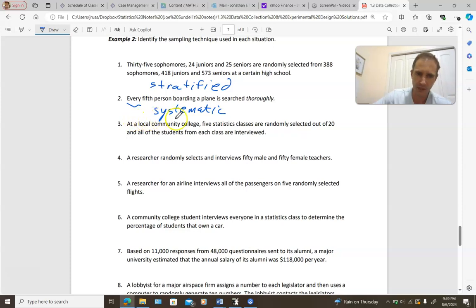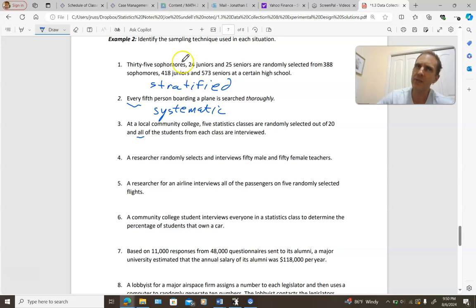Number 3, at a local community college, 5 statistics classes are randomly selected out of 20, and all of the students from each class are interviewed. This is the difference here, and I didn't think to mention this earlier. This number 1 cannot be cluster sampling because for that to have been the case, we would have had to have sampled every member from each of these clusters.